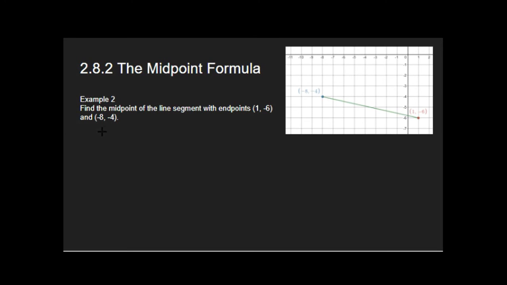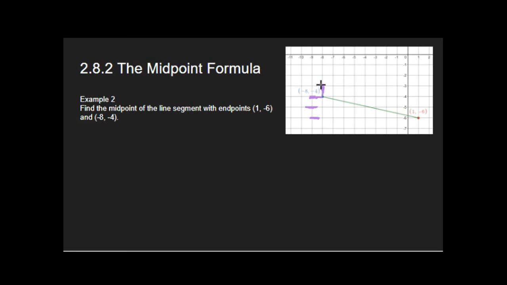Example 1. Find the midpoint of the line segment with endpoints 1, -6, and -8, -4. And I've given you a graph here, and you can see we could solve this visually. We know that if the y goes from here down to here, then the middle is going to be on this line.